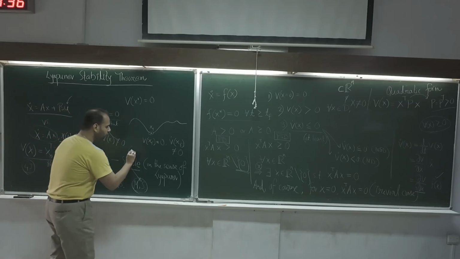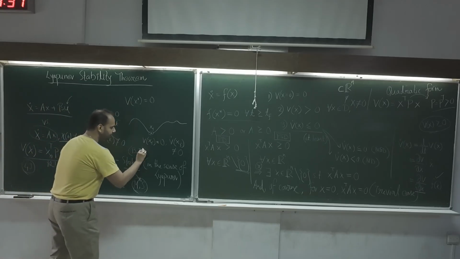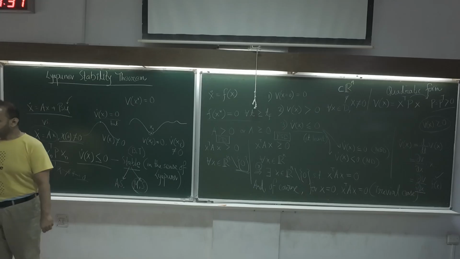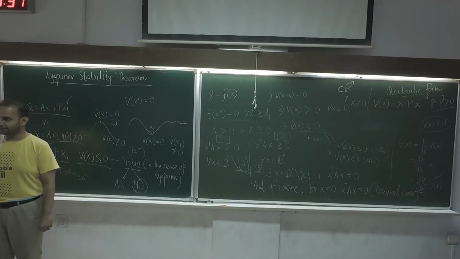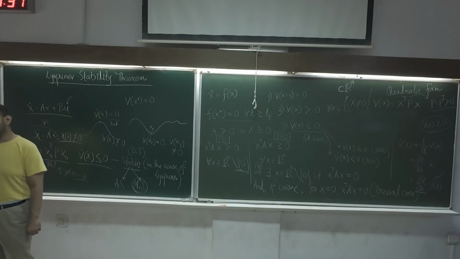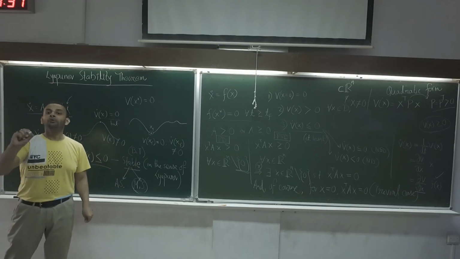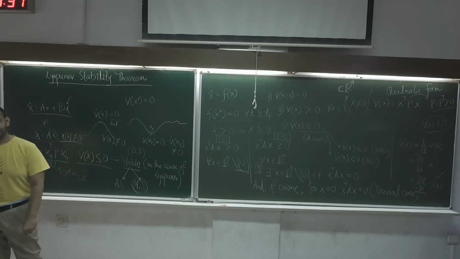In short, I am writing. Are you getting it? If the energy is not increasing, then the system is stable at least. So marginally stable means a sustained oscillation or something like that. So at least the trajectories will not grow in time. That is why they mention bounded trajectories. That is called stability.